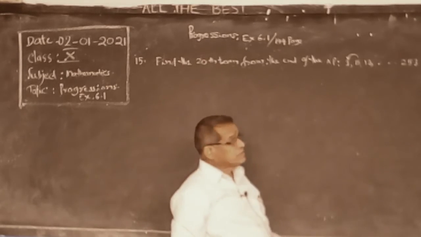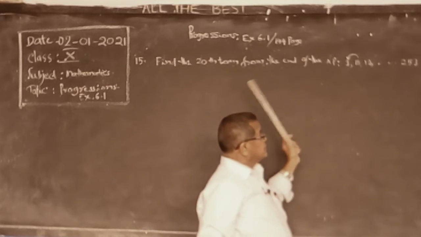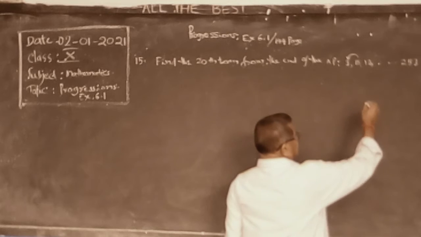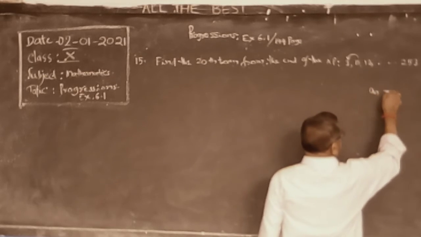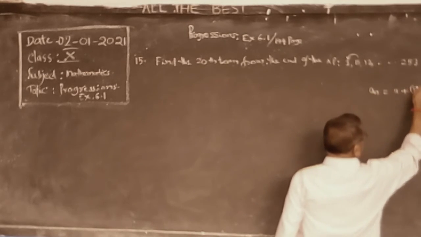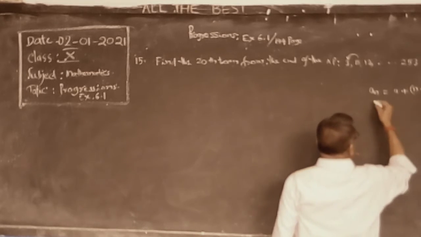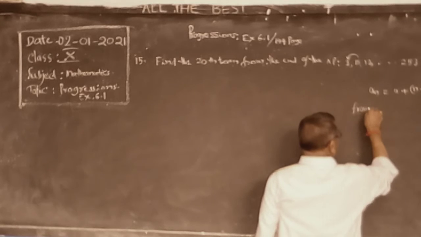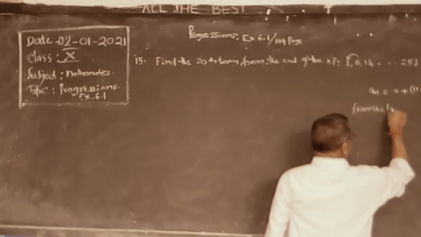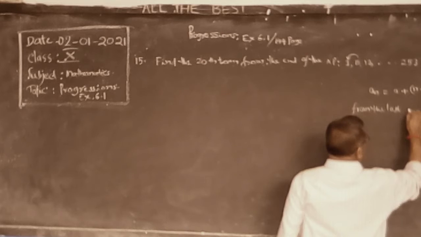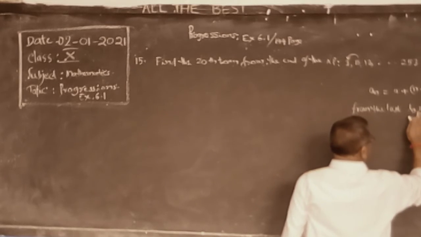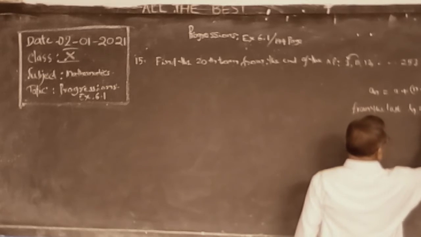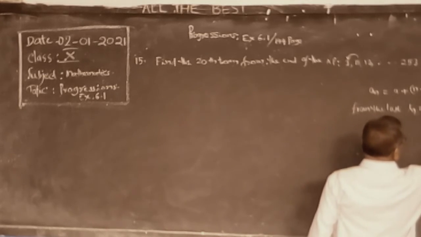The question is, he is asking for the 20th term from the last, and this is the formula from the beginning: An is equal to A plus n minus 1 of D. And this is from the last: Ln is equal to L minus n minus 1 of D.